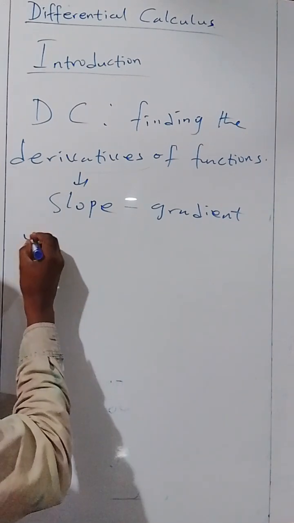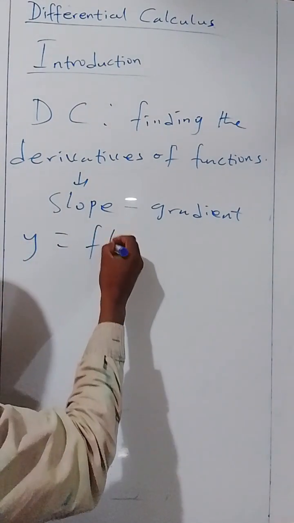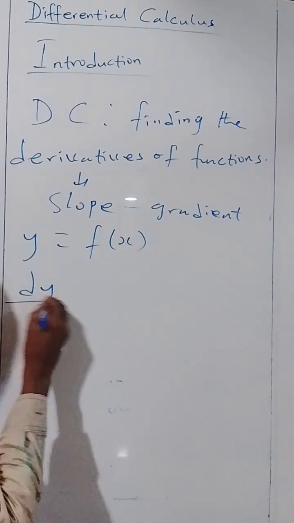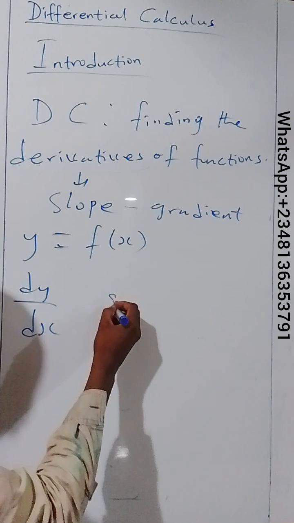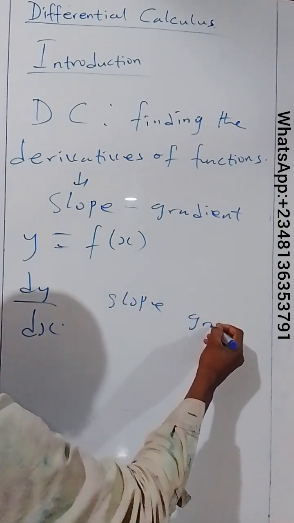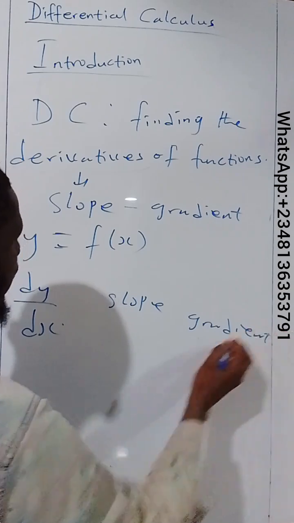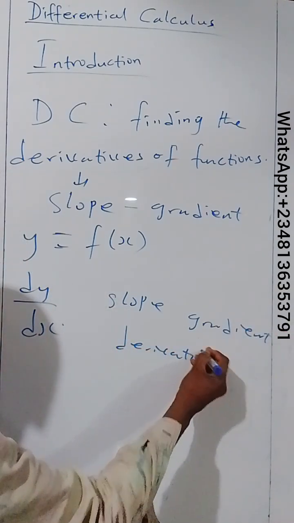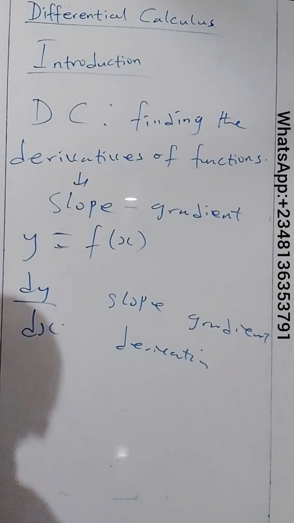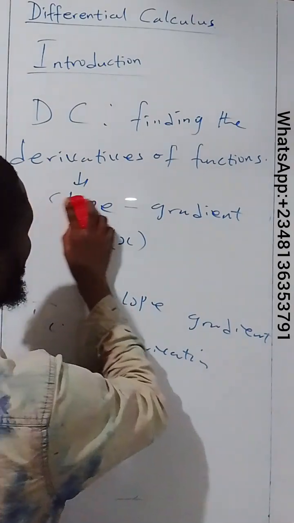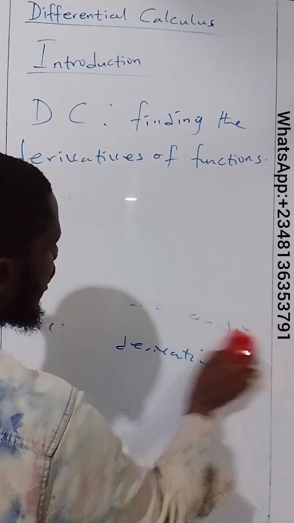For example, if I have y is a function of x and I find the derivative, dy/dx of this function, we are finding the slope, or the gradient, of this function. So slope is equal to gradient, that is, you are finding the derivative of this function. So finding the derivative of functions is the focus of differential calculus.